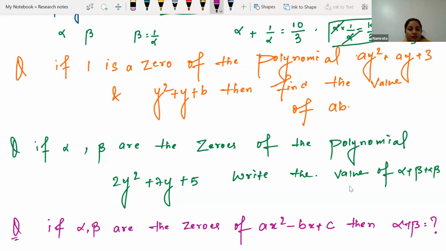I substituted y with one, and from the first equation I got a as −3/2, and from the second equation I got b as −2. So when I multiply, I get 3. Perfect. The process which you have applied is the same process which we have to follow over here. Let me check quickly what we are getting as the value of a.